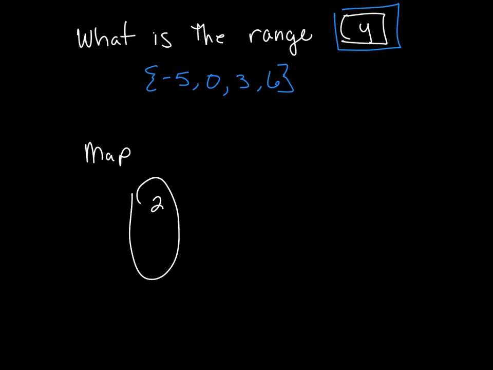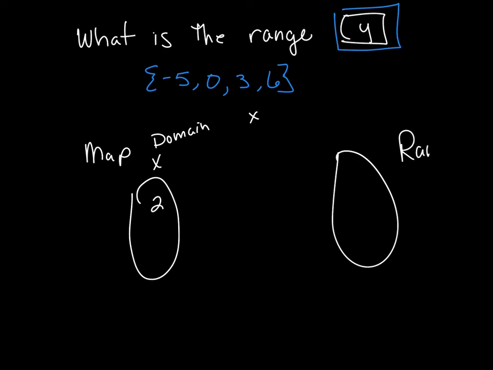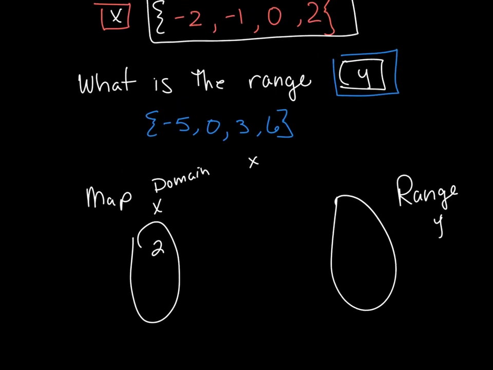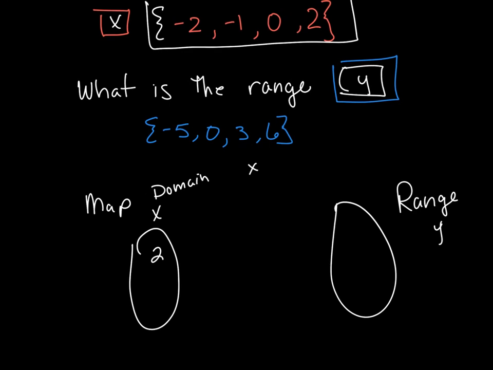Again, this is the domain, or my x values, and over here is my range, or my y values. So if I go through and put the domain piece in, I had negative 2, negative 1, 0, and 2. The range was negative 5, 0, 3, and 6. Those are all of the pieces that I have.